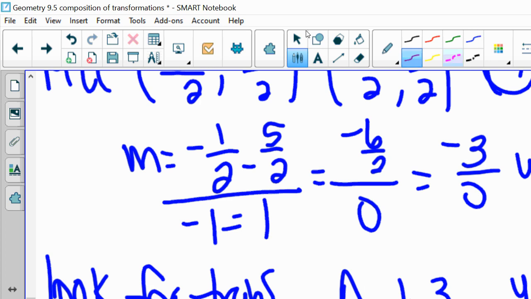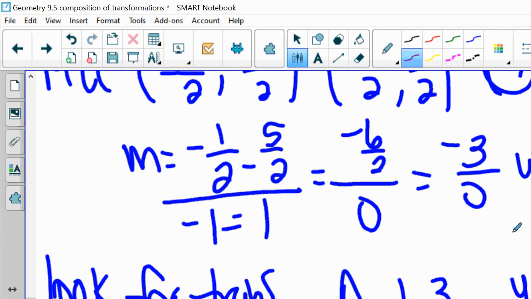So for my rule, I do the translation first, so capital T. My x didn't move any, so 0, comma, I subtracted 3 from my y, so -3. Open dot, capital R for my reflection, x equals -1, triangle ABC equals triangle A double prime, B double prime, C double prime.